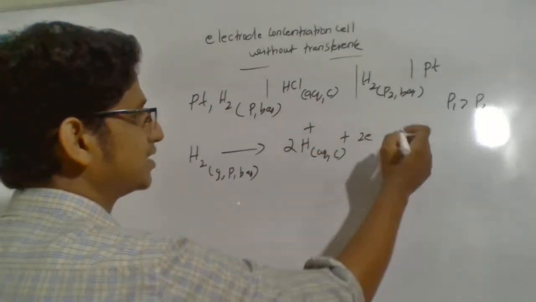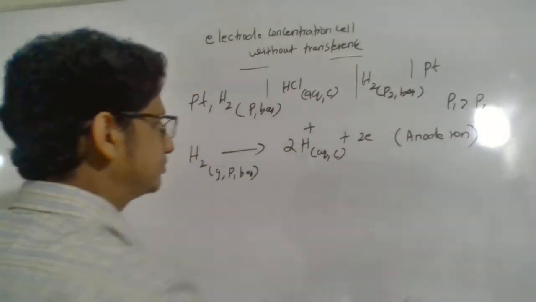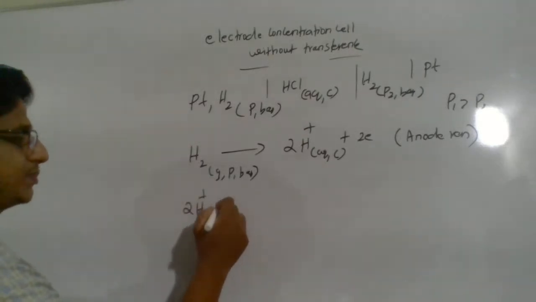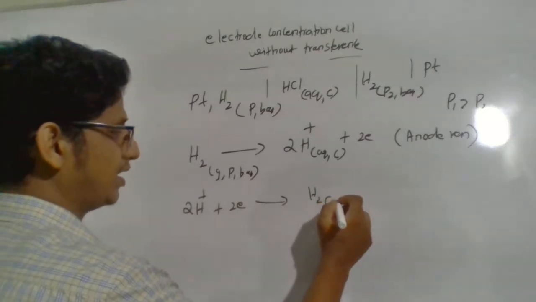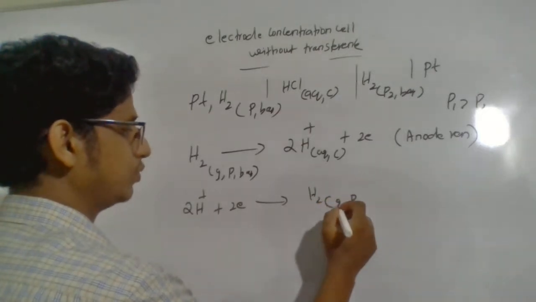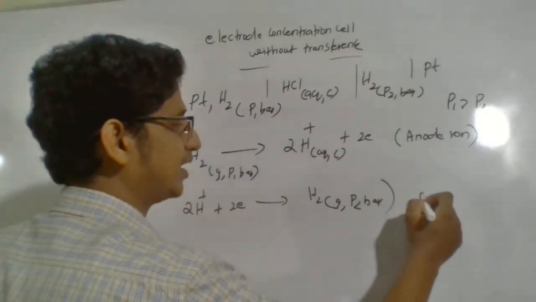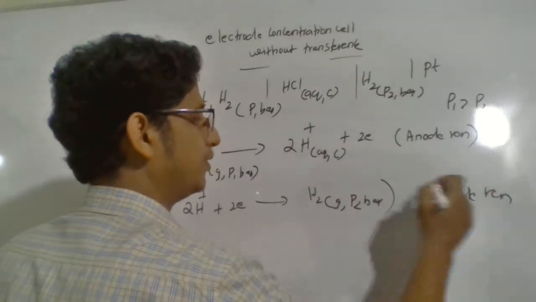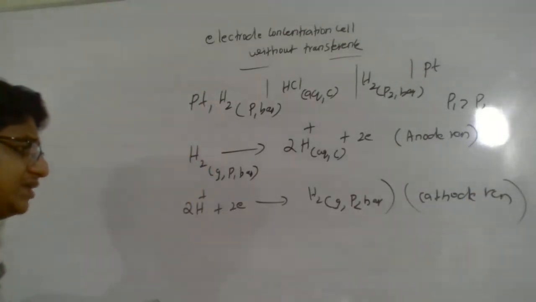So this is the anode reaction, where release of electrons takes place. Now cathode, what will happen at the cathode? The reverse: 2H plus plus 2 electrons gives hydrogen gas at P2 bar. So this is the anode and cathode reaction respectively.